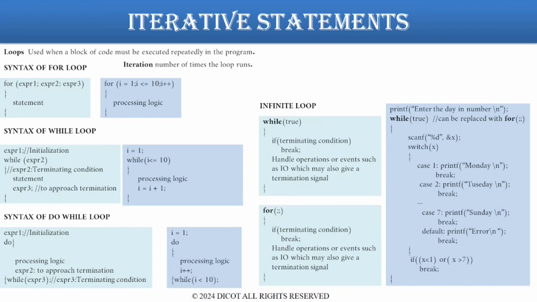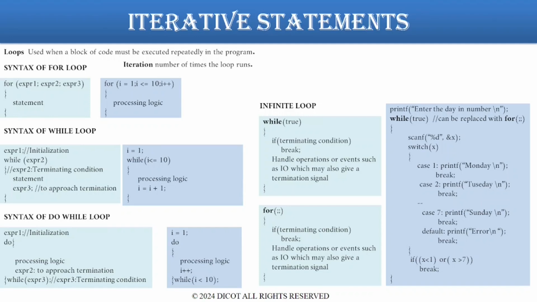Here we are checking if the value of X is between 1 to 7. If X is less than 1 or if X is greater than 7, the loop terminates with an error. You can observe here, the first break is to break a case statement inside the switch, whereas the second break is to break the loop itself.